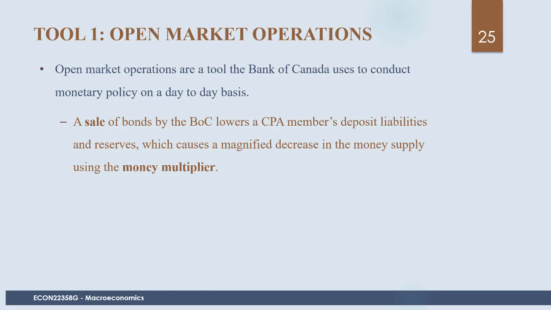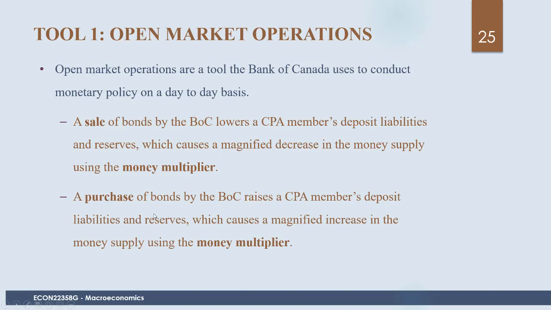So when the Bank of Canada sells government securities on the open market, they're essentially pulling money out of the banking system. So you have the money creation process working in reverse, and this will tend to lower the money supply. The reverse is when they purchase bonds. When they go on the market and buy a bunch of bonds, they have to pay for them, right?